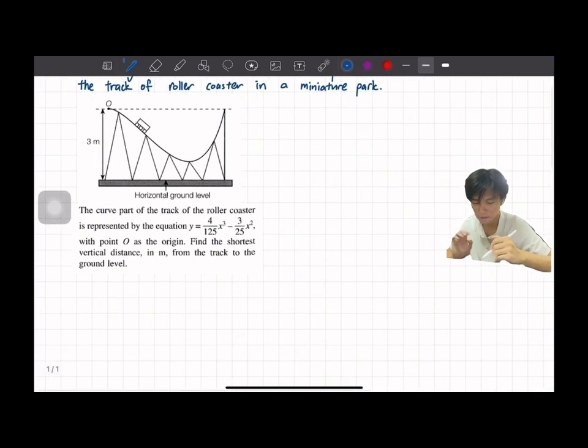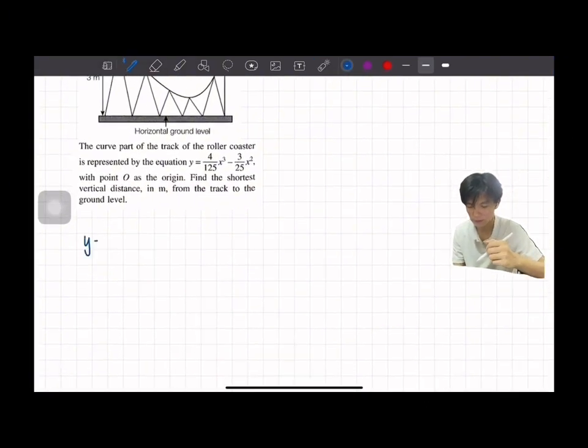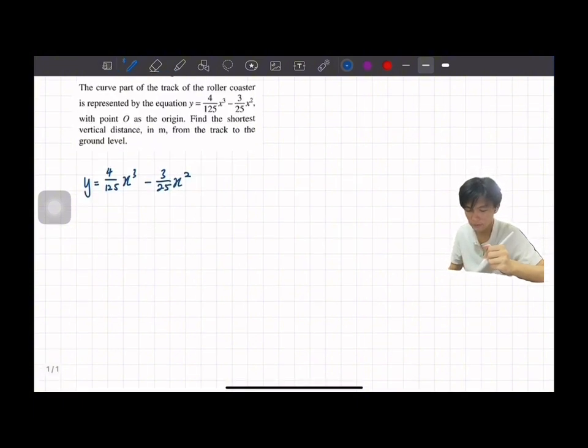So now we need to write down y from the question, as it's given. Now we need to do the first derivative to find the maximum and minimum points, and let the first derivative, dy/dx, equal 0.